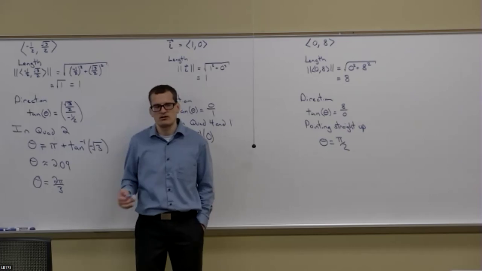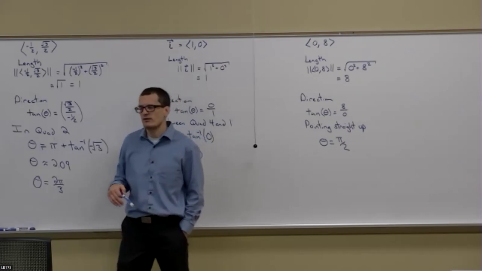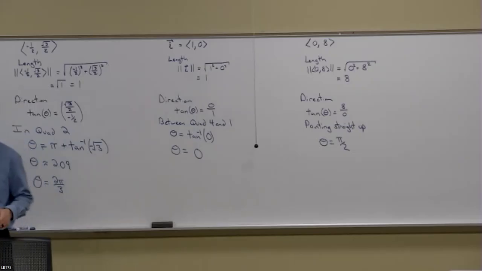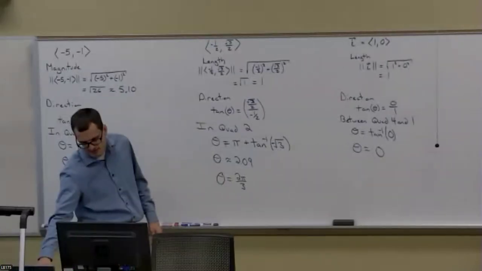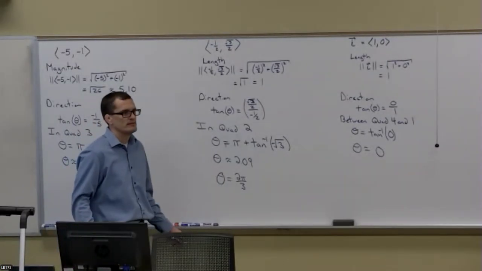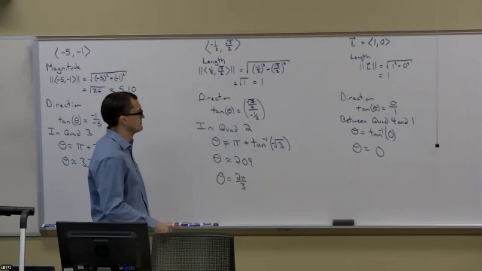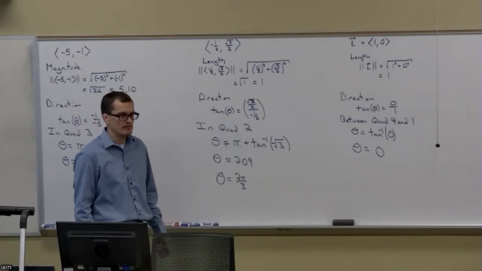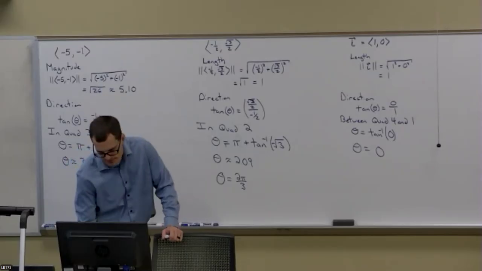Vectors of length 1 are called unit vectors. We'll deal with those in a little bit, but I just wanted to point out that those two having length 1 make them special types of vectors. Okay. My other vectors like 0, 8, or like -5, -1, those are fine, just not unit vectors. Okay.